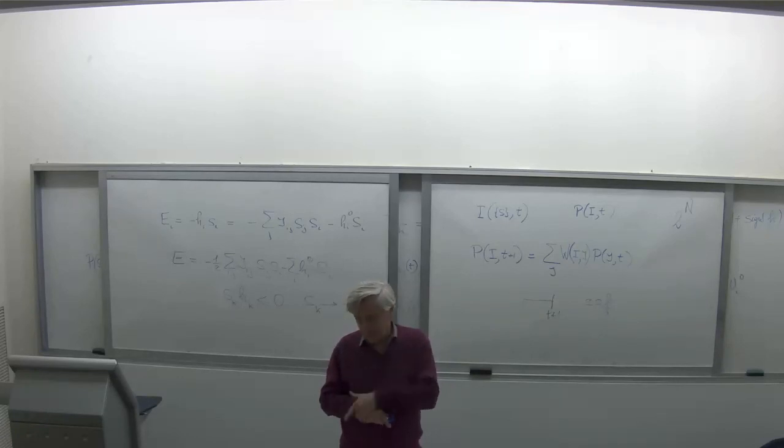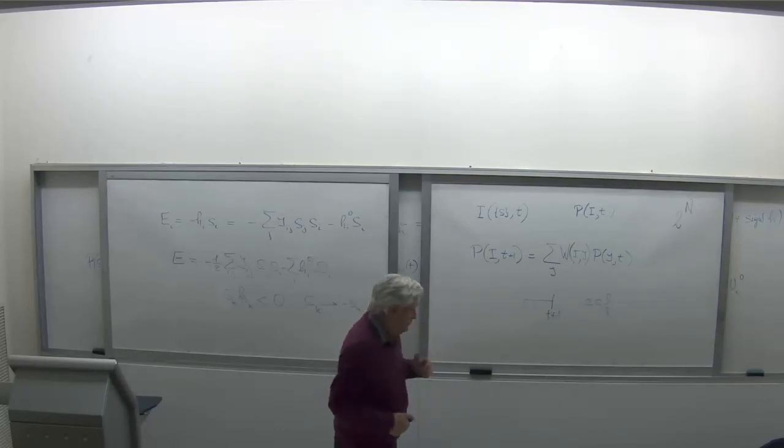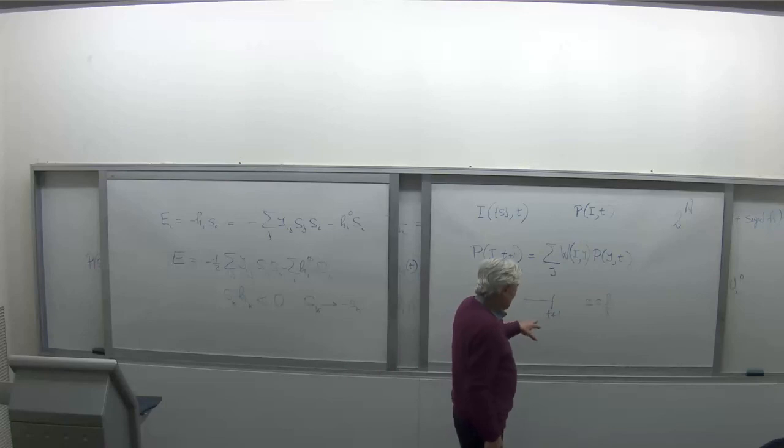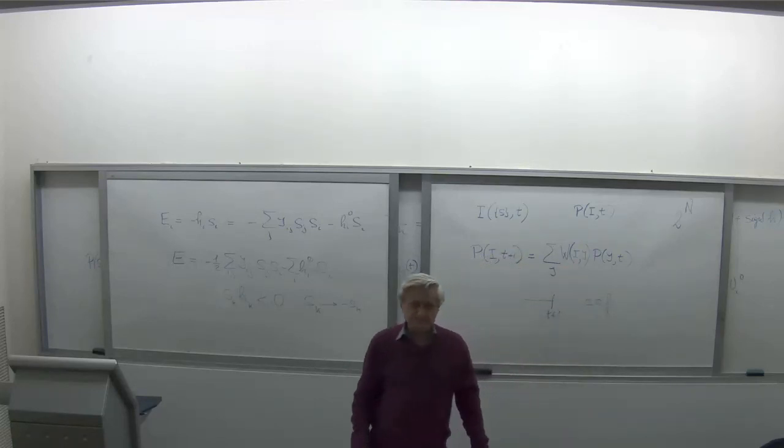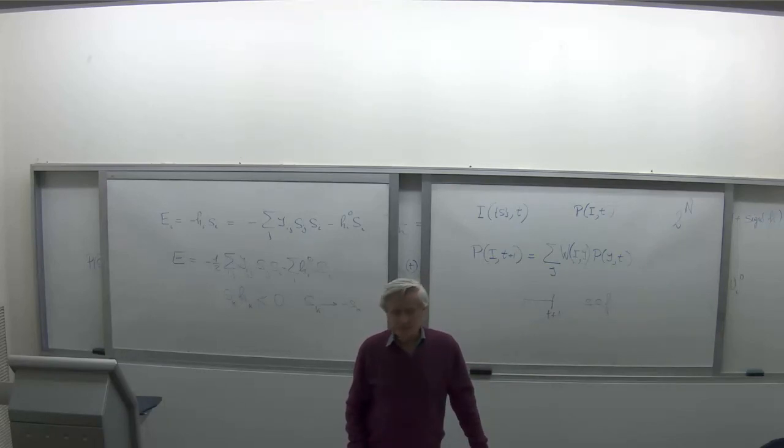But if delta t is sufficiently small, you pick one of these, and therefore our W_ij will be a matrix which has in every row, will have how many? In every row.